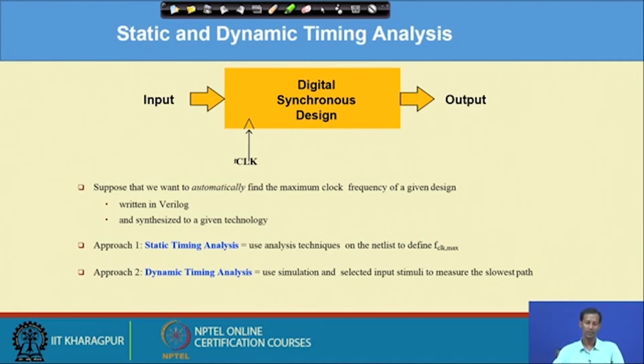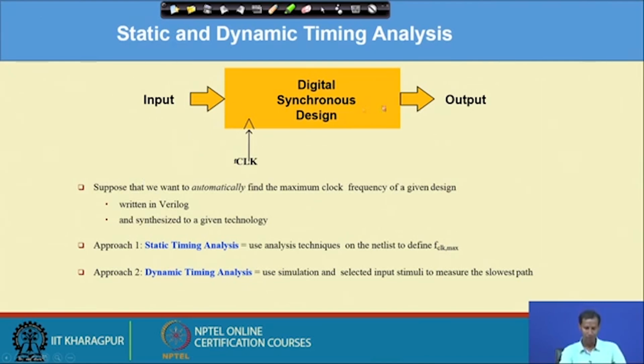Static timing analysis uses analysis techniques on the netlist to define this f clock max. Here, whatever the corresponding critical path is, from the input to the output, the path that takes the maximum time is the critical path for your system.